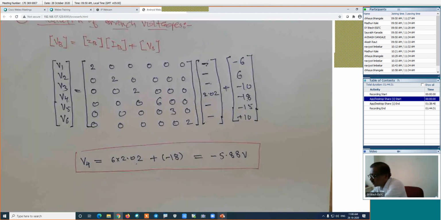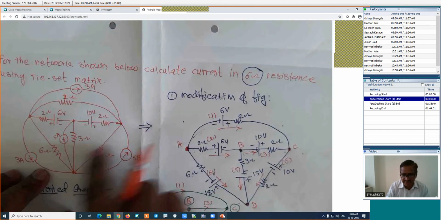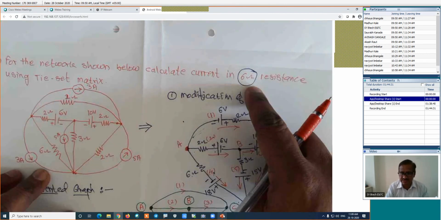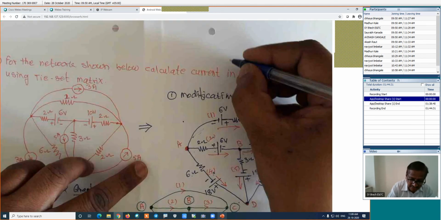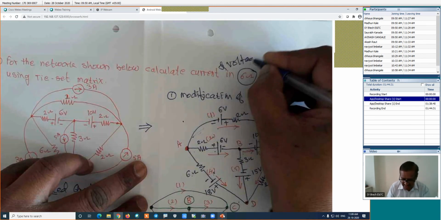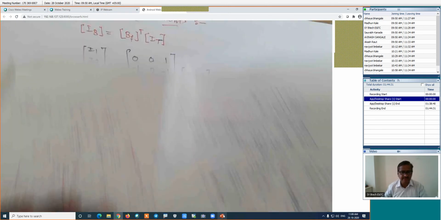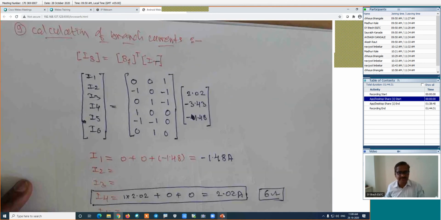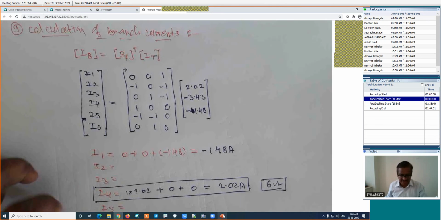Now how will be your solution? Our solution will depend on what is asked. In this case, for this given network, they are asking for the current in the 6 ohm resistance. But here I have calculated two values, current and voltage. How is the calculation of current? First, the current is calculated using the expression IB is equal to BF transpose into I2, and I have focused on I4, the fourth branch.